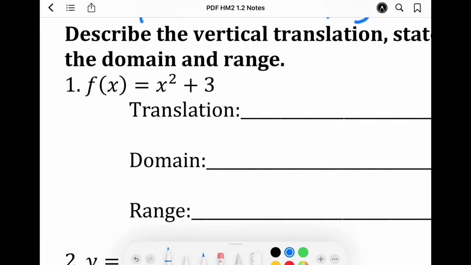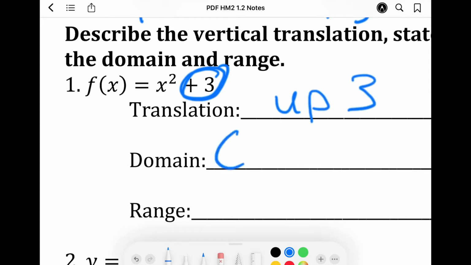So let's look at some examples. If we had x squared plus 3, well, we have a plus 3, not with the x, so we're going to be shifting up 3. The domain is going to be negative infinity to positive infinity.